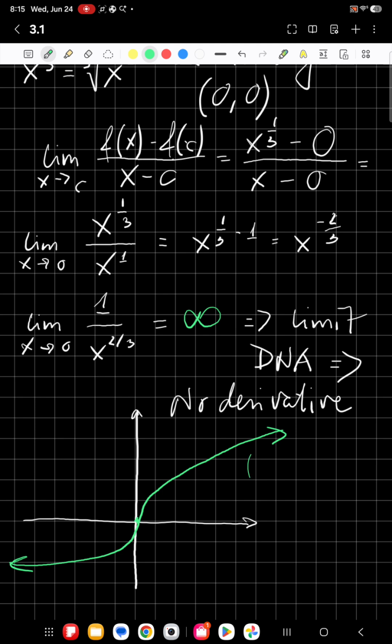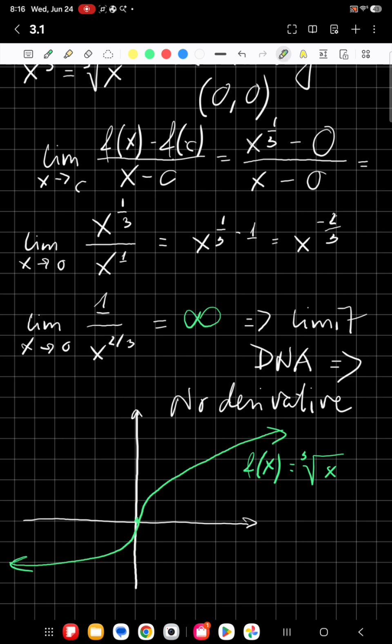This is f of x equals the cube root of x, or x to the 1/3. If we graph it on some device and zoom in, you would see that at the origin the graph actually is vertical. You know that for a vertical line the slope is undefined. If we had the tangent line to the graph at the origin, it would be a vertical line, and a vertical line doesn't have a slope, so the slope is undefined.